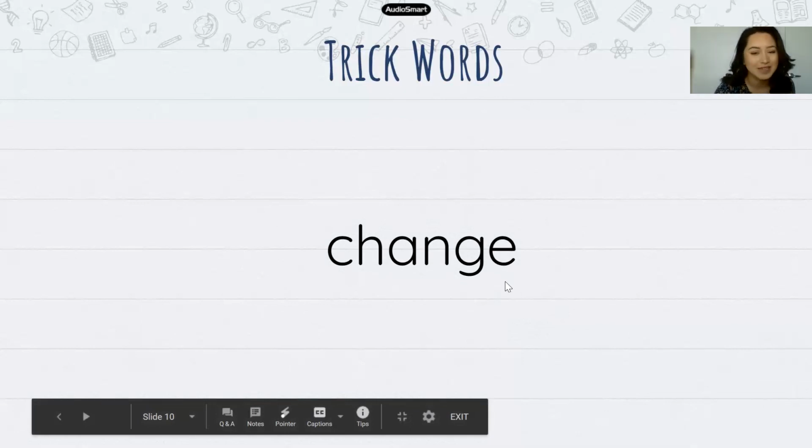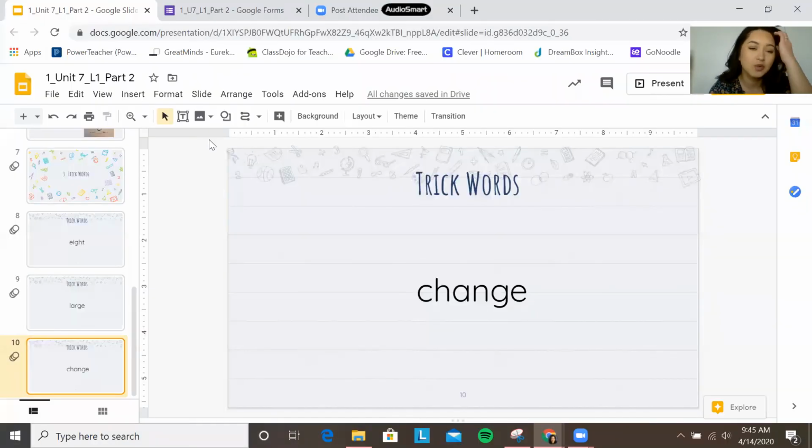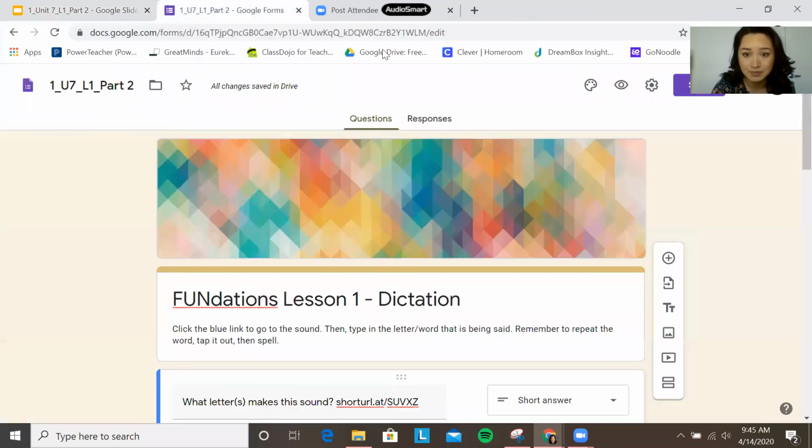This is a trick word because that G is not saying what it usually says. It's saying J. What's my word? Change. What's my word? Good. Change. Let's spell it. Here we go. C-H-A-N-G-E. Change. Very nice.